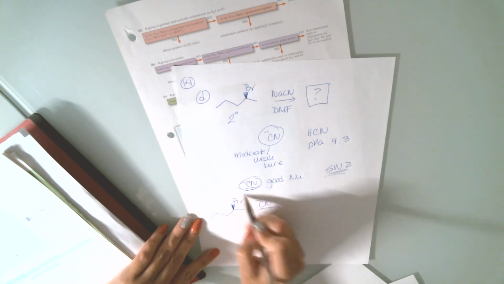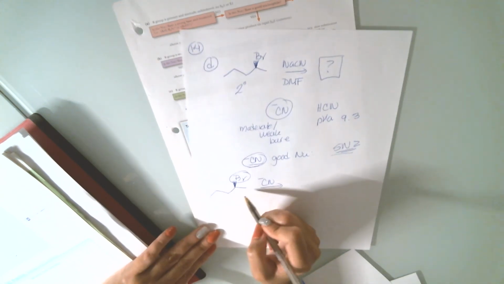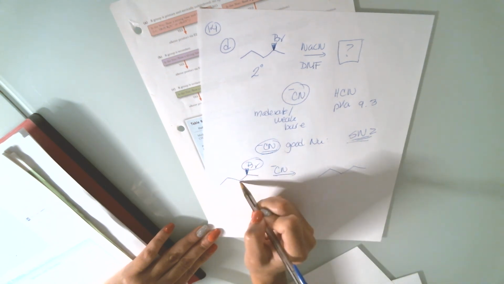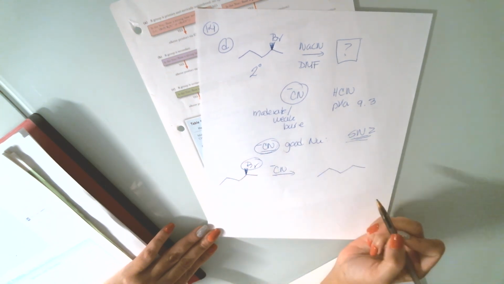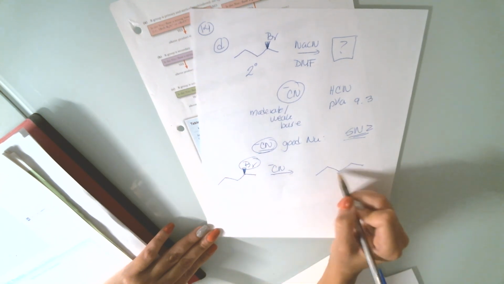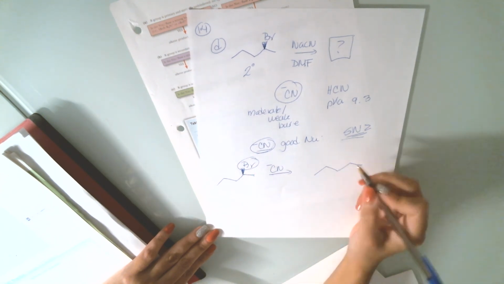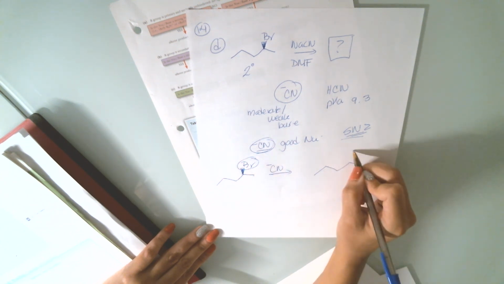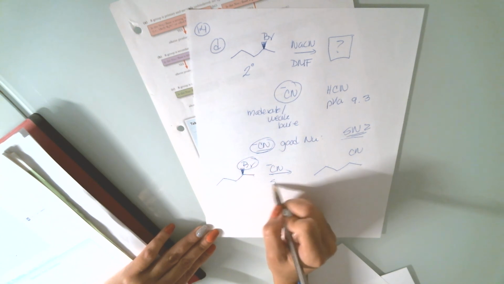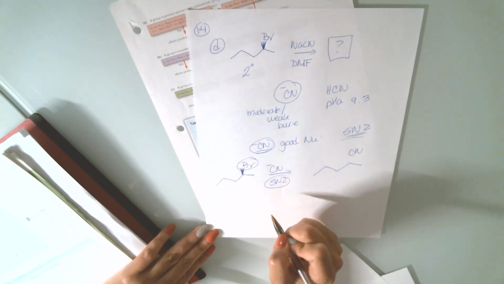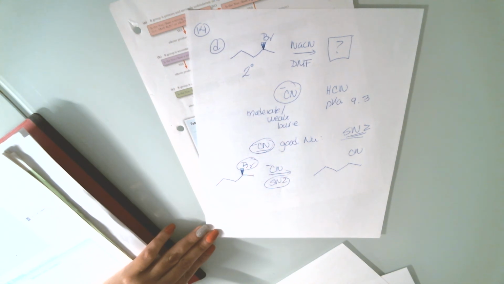Again, substitution, you will replace the halogen with your nucleophile. Count your carbons, 1, 2, 3, 4, and 5. And then you will put the CN. However, for SN2, we get the inversion of configuration due to the backside attack of the nucleophile.